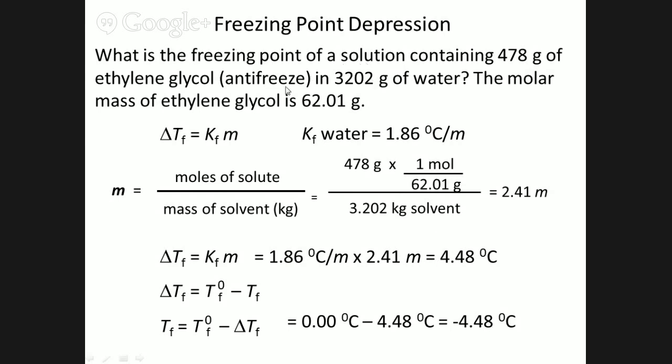That's what antifreeze does. It prevents your radiator from freezing up in cold weather. Likewise, the antifreeze will keep your radiator from boiling over if it gets too hot. And so you have an example of the math for a colligative property.